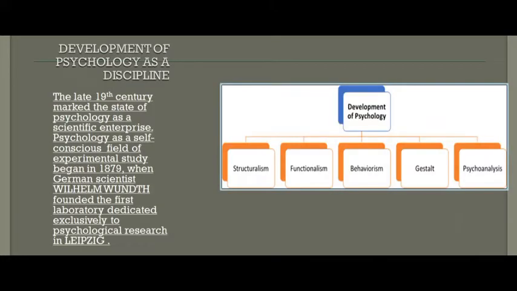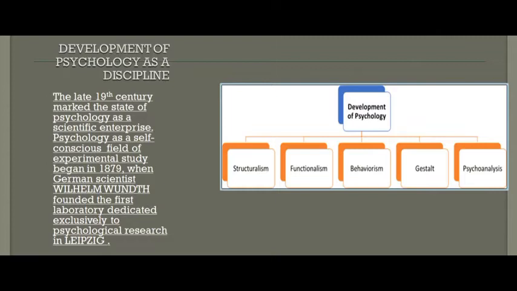Then comes the development of psychology. You should remember that the 19th century is a peak point of psychology, where psychology began. In the 19th century, it began to explore itself. Psychology was one subject that was not seen as a good thing.